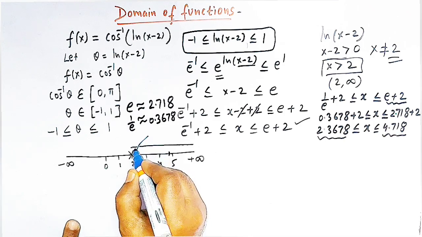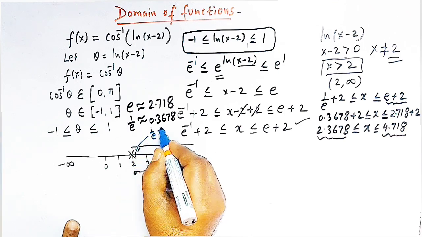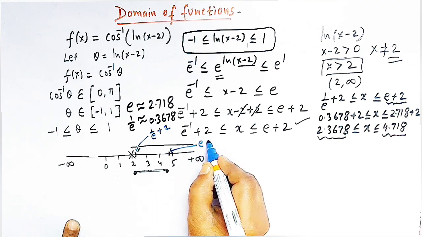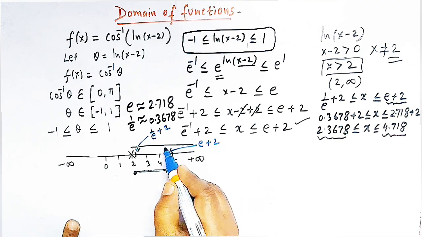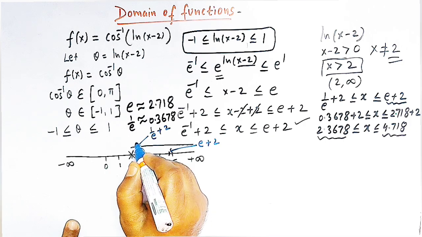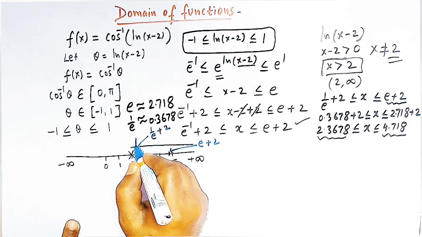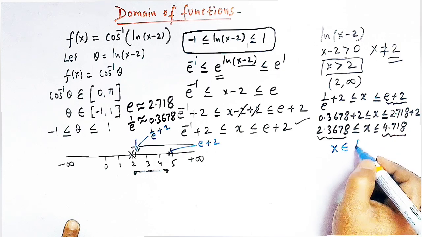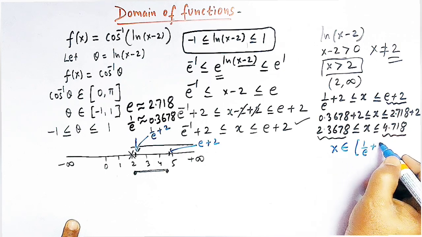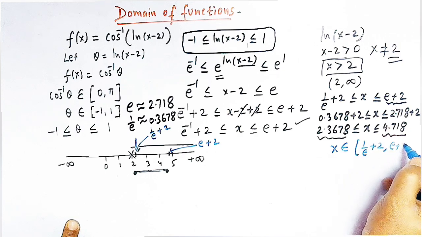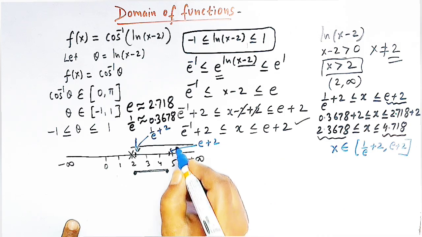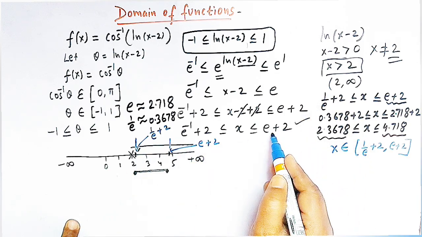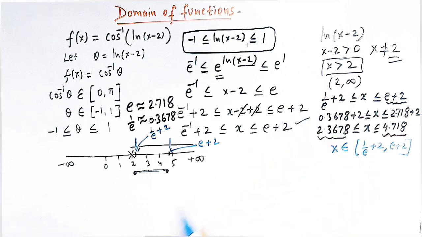So this number is 1 over e plus 2, and this number is e plus 2, and from these two regions we can easily conclude that this portion, that is this interval x belonging to 1 over e plus 2 to e plus 2, is the region which is common to these two inequalities, right?